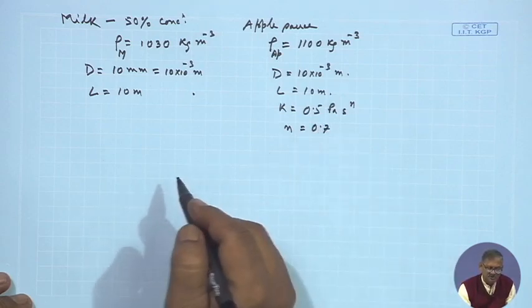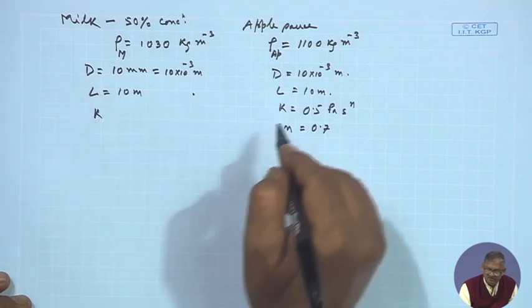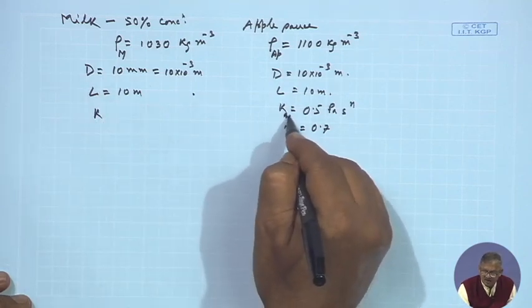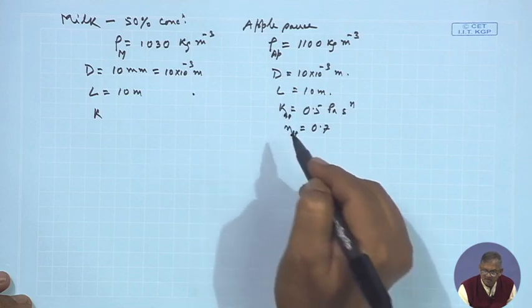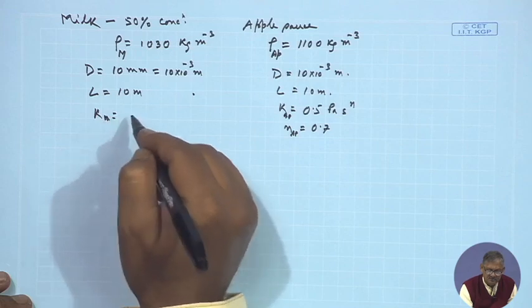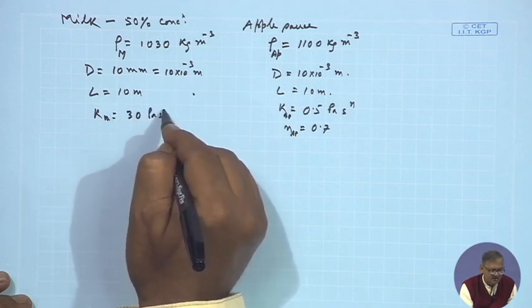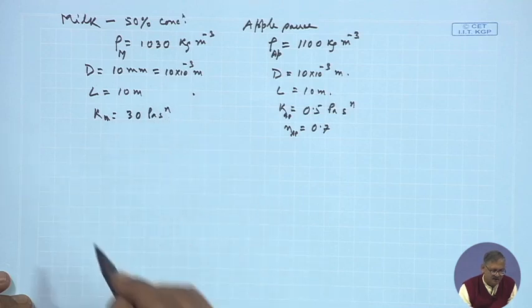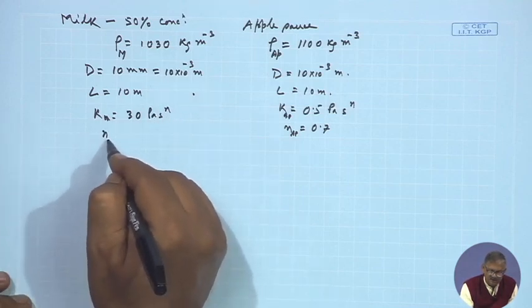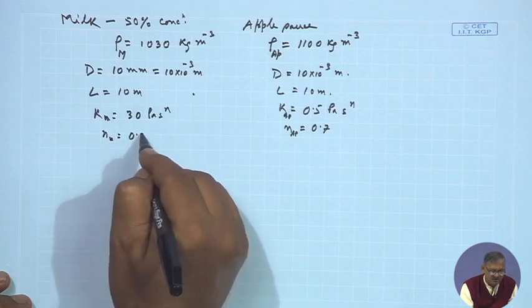And for milk, K milk is equal to 30 Pascal second to the power n, and the flow behavior index N milk is 0.6.